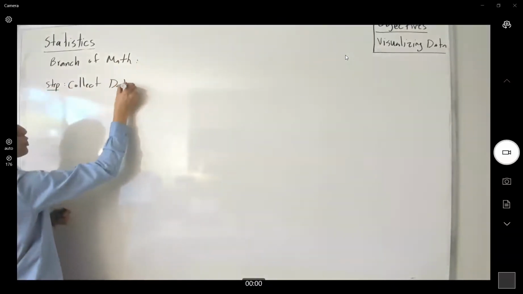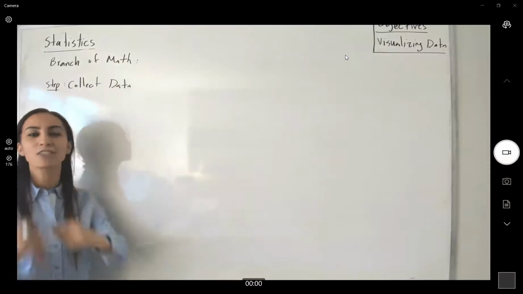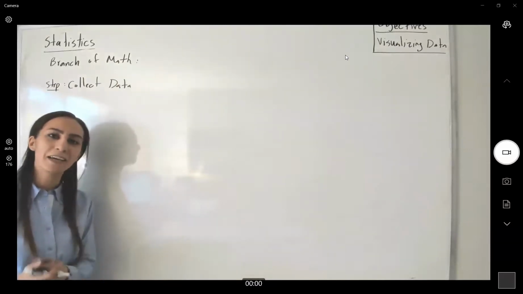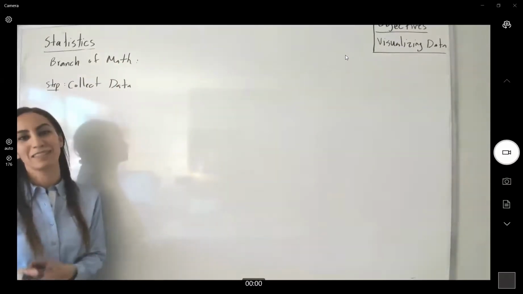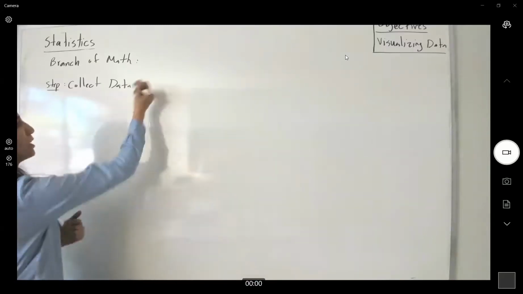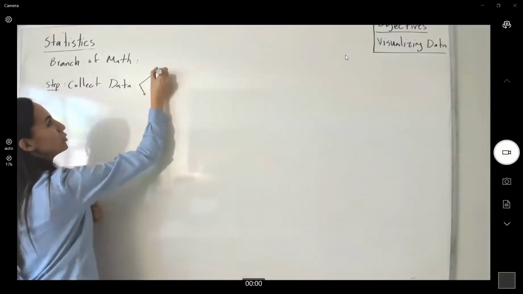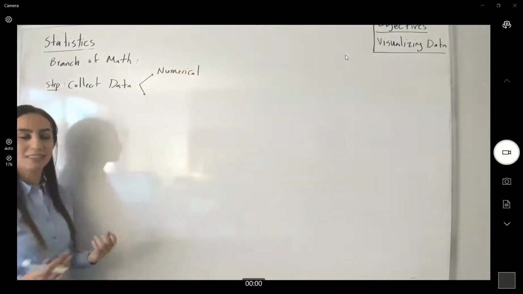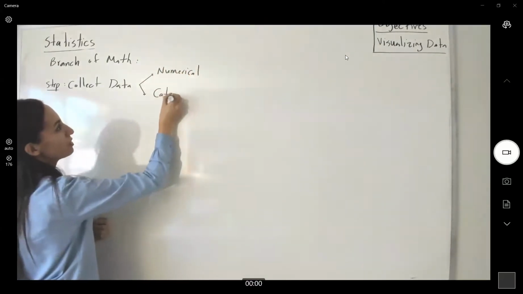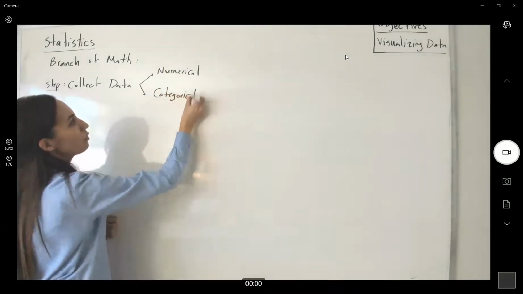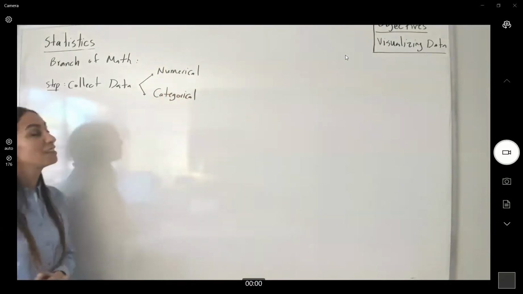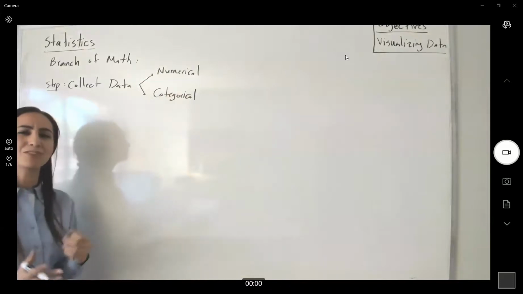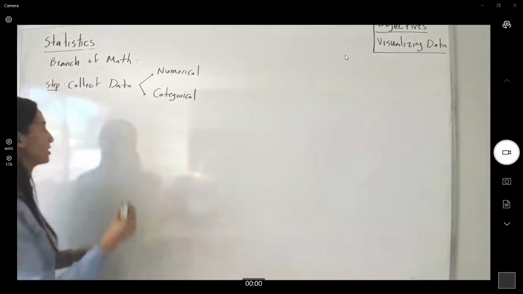You need to make sure our collection of data is unbiased and definitely random. We learned that our data can be numerical or quantitative, or categorical or qualitative.